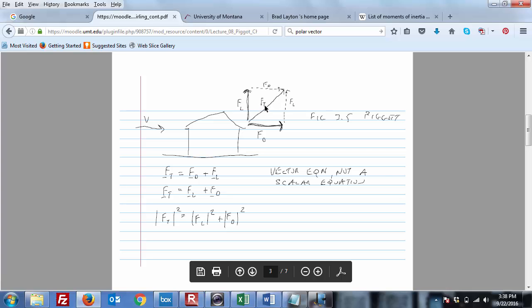You could think of that as the total force, a combination of lift, which is the force that's going to lift your roof off of your house, and the drag, the force that's going to push your house over. So total force equals the drag plus the lift, or the lift plus the drag. Now, we can go right back to Pythagorean theorem. If we want to know the magnitude of that total force, we just use Pythagoras. Square that, take the square root, and you're done.